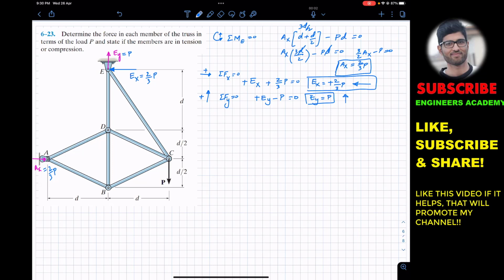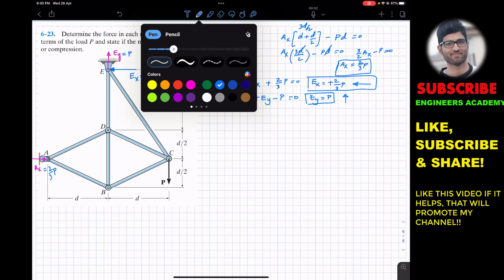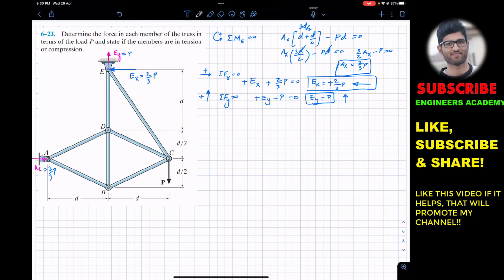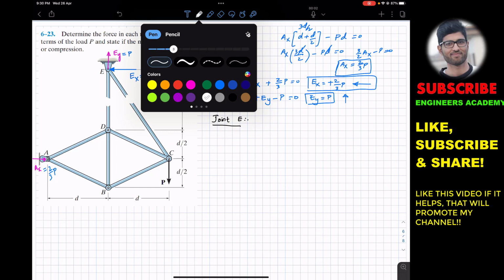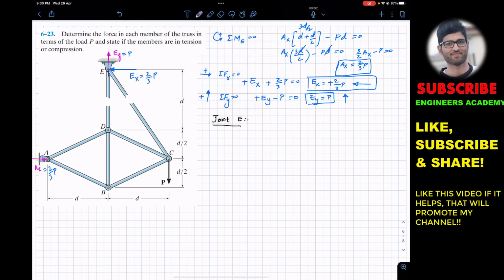Now let's start with joint E. We will solve this problem by using the method of joints. So we will consider joint E first, and let's cut this member and let's cut this member, and let's assume that the ED member is in tension.